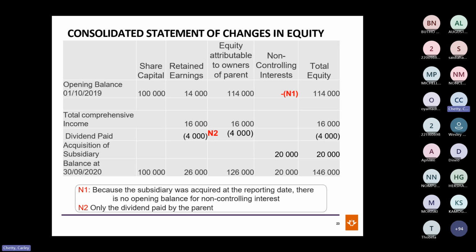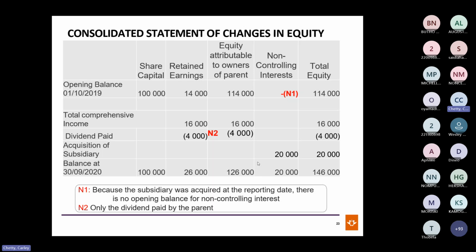Okay. So just note here that this dividend paid, this is only the dividend paid by the parent. Okay, so remember we said that these two columns are showing P's equity. So therefore this 4,000 Rand, this is the 4,000 Rand dividend that is paid by the parent.